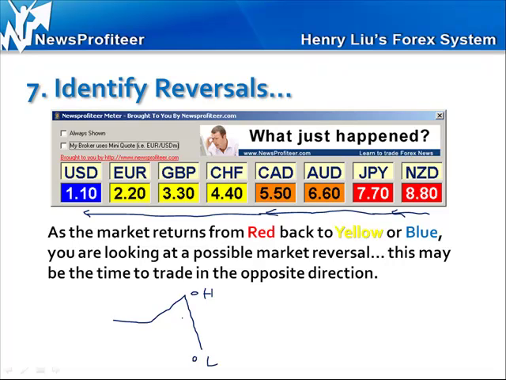And no matter what the news is, if you have favorable news for a particular currency, or you don't have favorable news, the market is now showing you blue at this area. This is where you need to think maybe you're getting it wrong. So this is the time for you to, instead of thinking about buying, start selling.